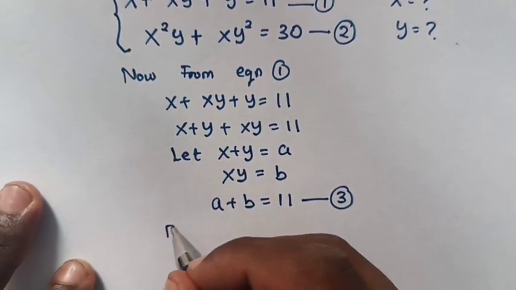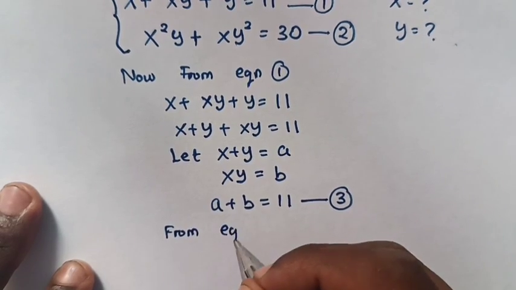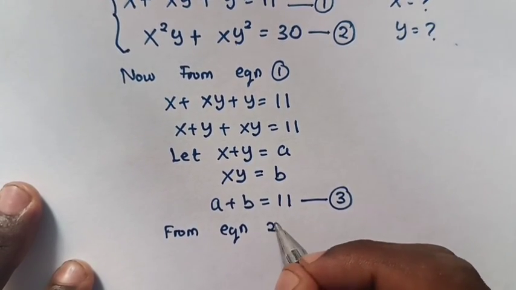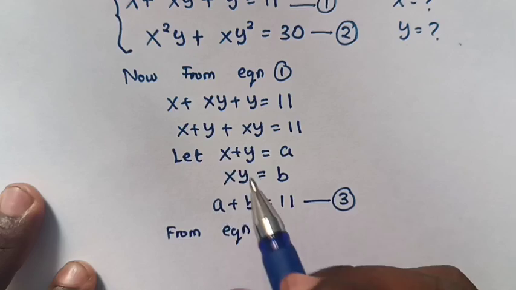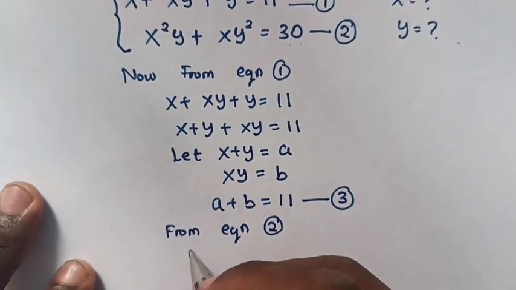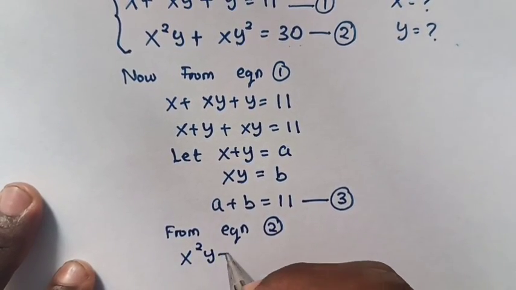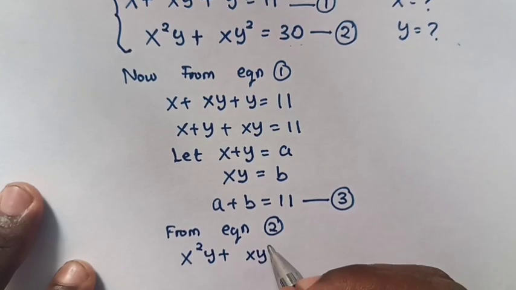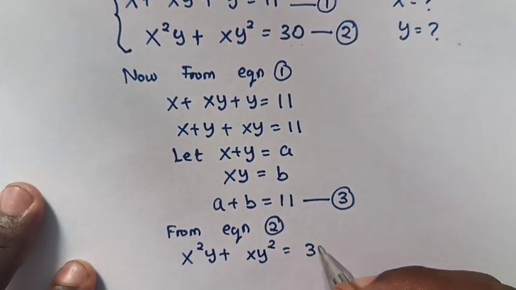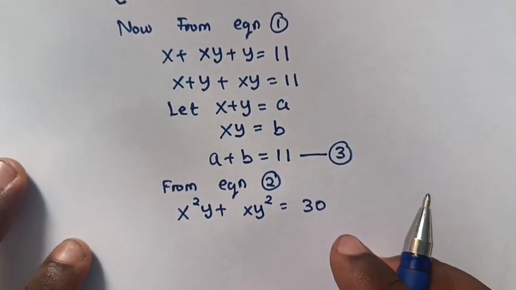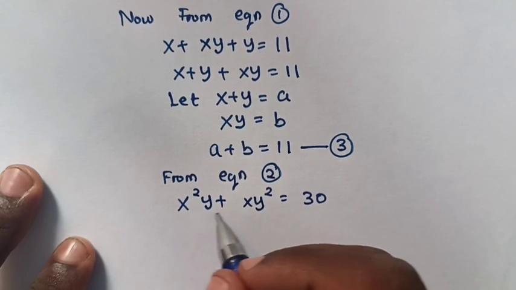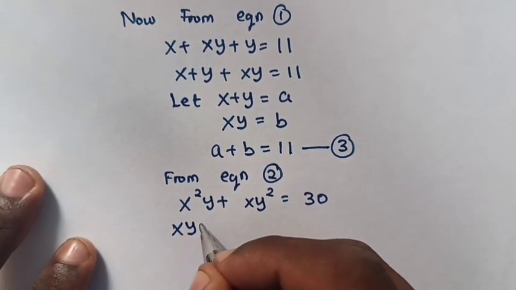Now, from equation 2, which is x squared y plus xy squared is equal to 30. In this equation, xy is common, so xy out of the bracket.